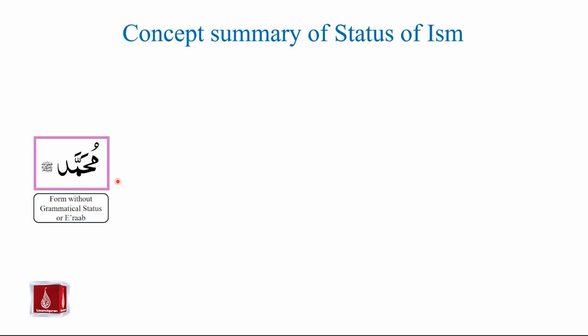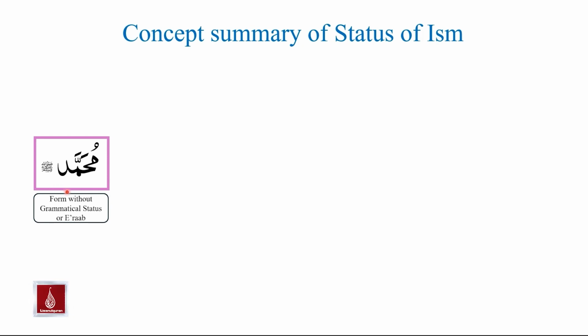To summarize, in this form, the name of Prophet Muhammad, peace be upon him, does not have a grammatical status, or it does not show its i'rab. We do not see any finishing touch at the end of Ism Muhammad, and we do not see any changes occurring at the end of Ism Muhammad.